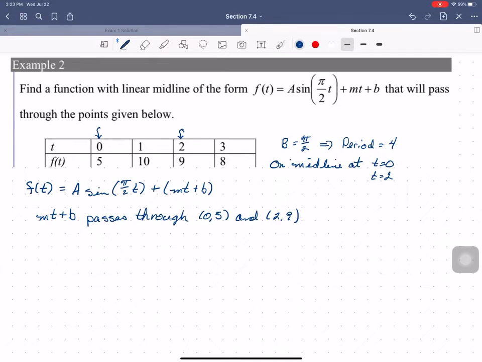I know my slope is 9 minus 5 over 2 minus 0, which is 2. So my midline looks like y equals 2t plus b. Now it turns out that since I've got a 0 value in the x spot, I know my y-intercept, 5.